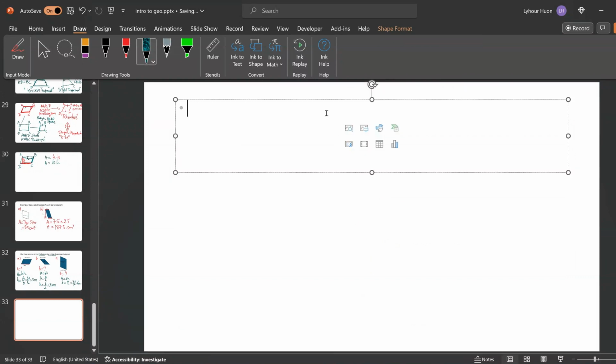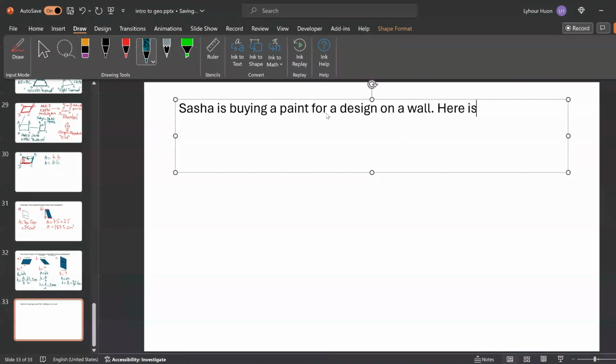Okay, so this one is an application problem, but still related to the parallelogram. So we have Sasa buying paint for a design on a wall. I will draw a shape later.